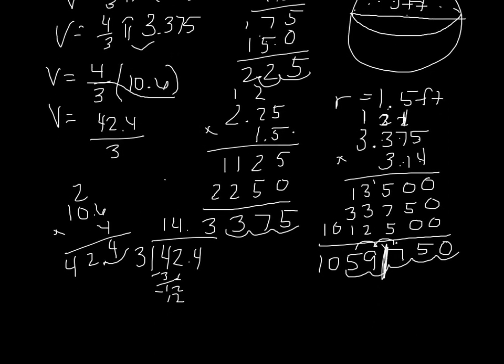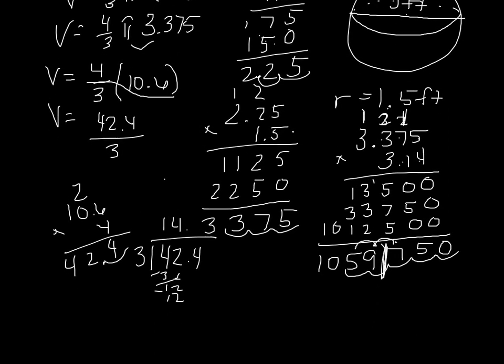Okie dokie. I hope you guys got that down. Okay. So you have 0 here. Bring down our 4. 3 goes into 4 once. Minus 3, I'd get a 1. Bring down my 10. You know what? That's how far I'm going. I'm going 2 spots.